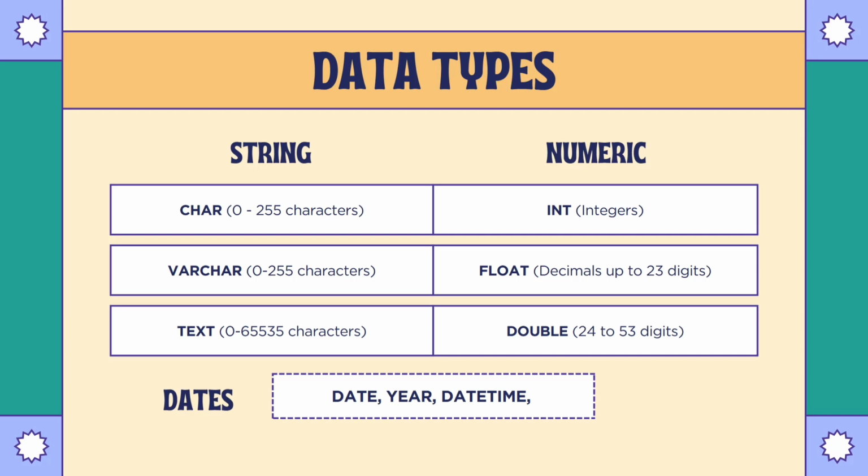Datetime: if you look at an Aadhaar card appointment letter, a timestamp is written. First the time is there, after that the date is there. So if you want to store that type of information, then use datetime. So these are the most used data types of MySQL.